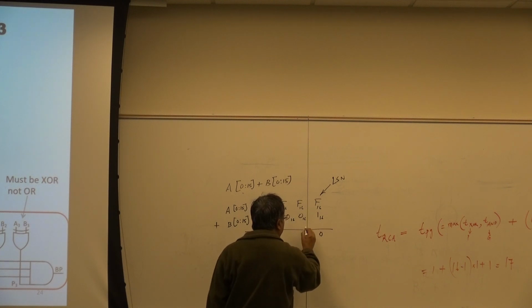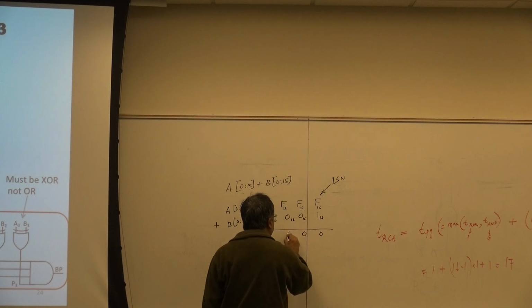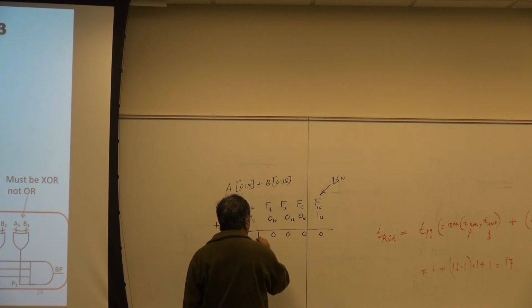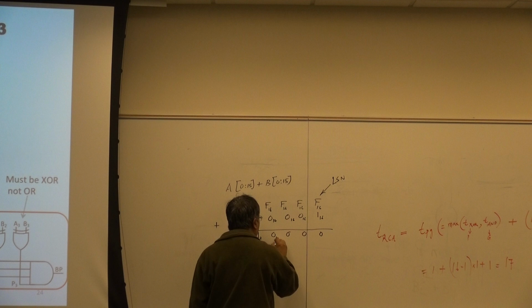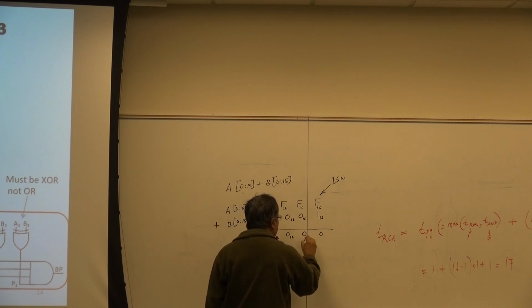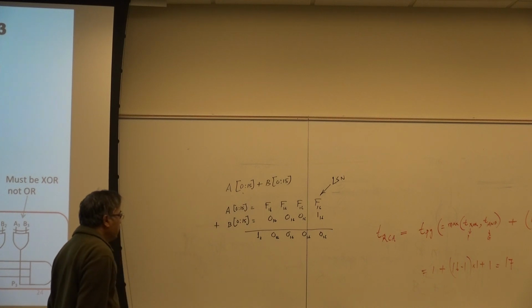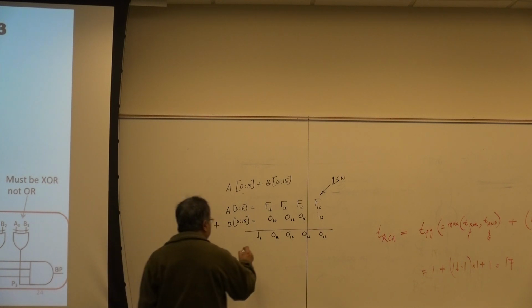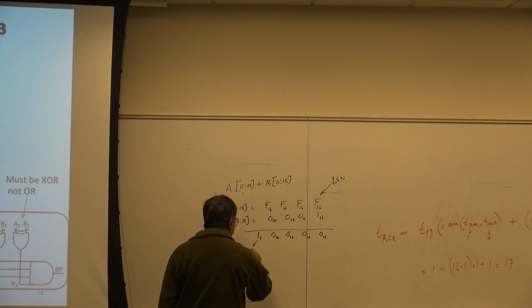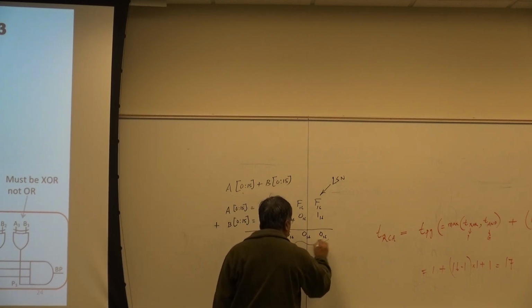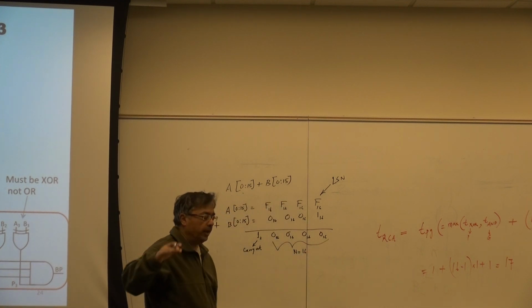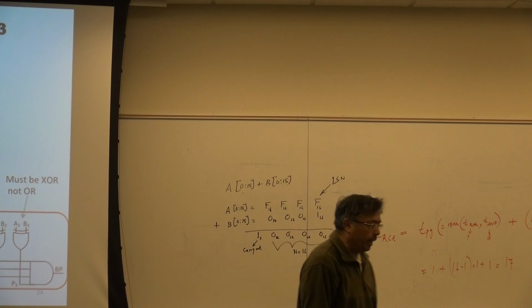Then that carry will be propagated to the next stage. So this will be 0, 0, 0, and this is carry. So these are all 16 bits 0, and this is 1, the carry out. So the delay associated with this is equal to n, which is 16 different stages of AO gates.